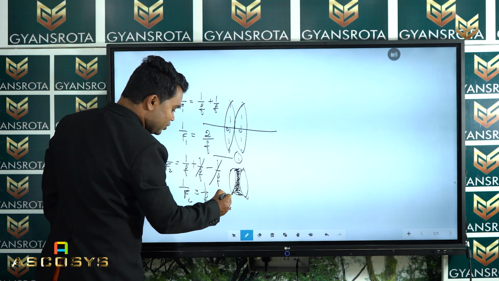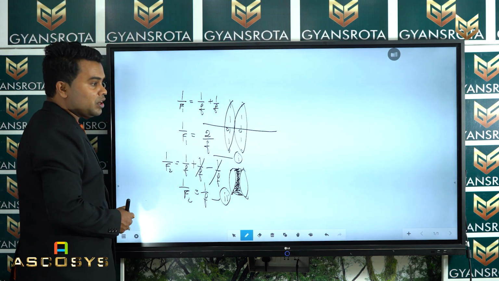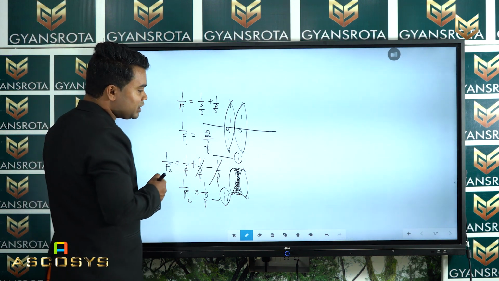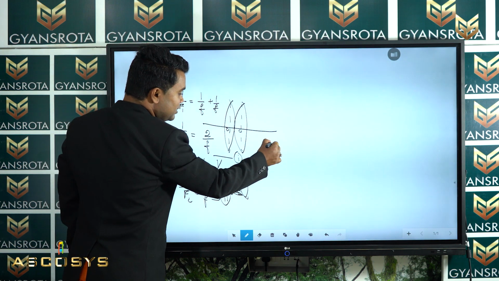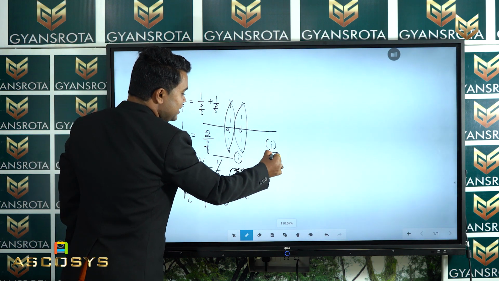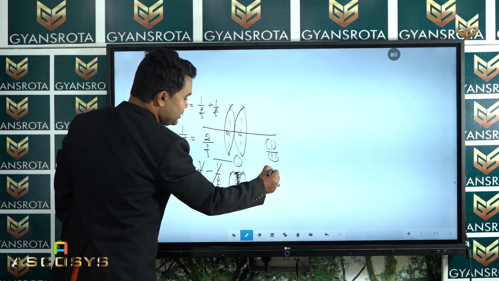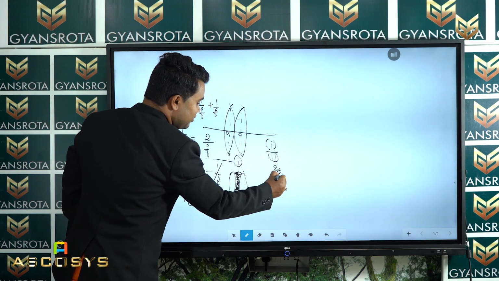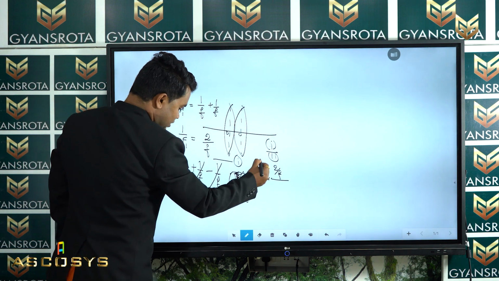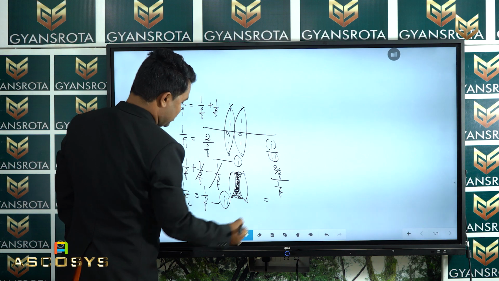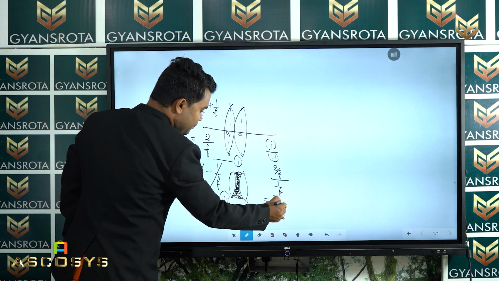So we have both equation 1 and 2. Now what do we need to do? We need to take the ratio of these. How are you going to take the ratio? Ratio of 1 divided by 2. So if I take 1 by 2, your answer will come out to be 2 by f divided by 1 by f. So your answer will be 2:1.